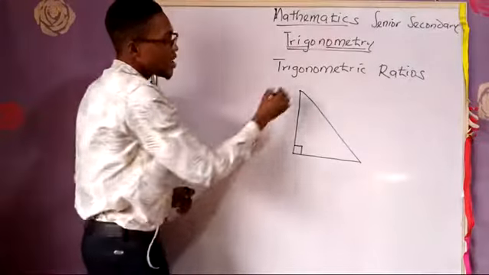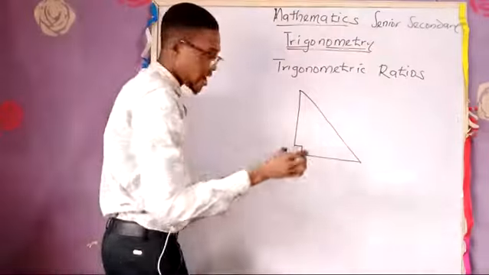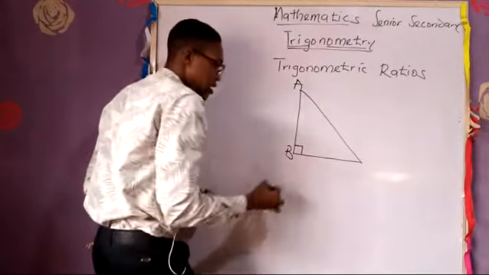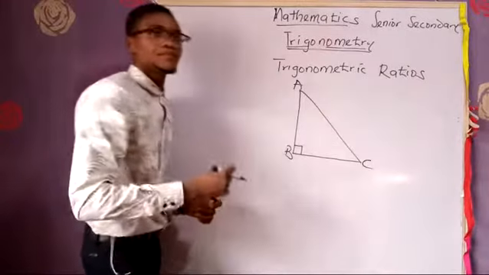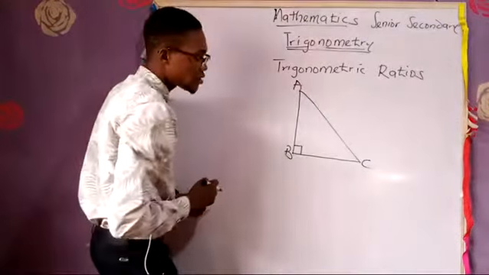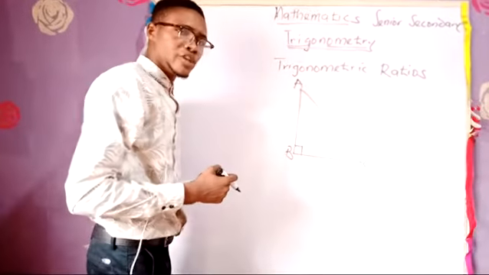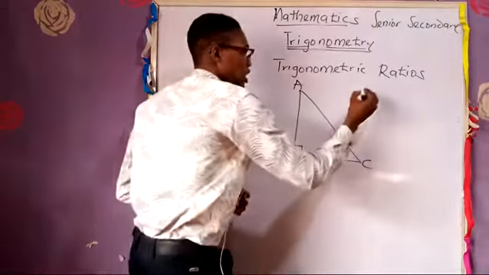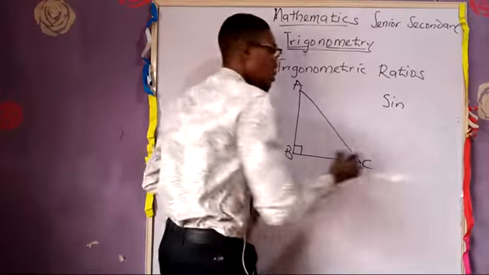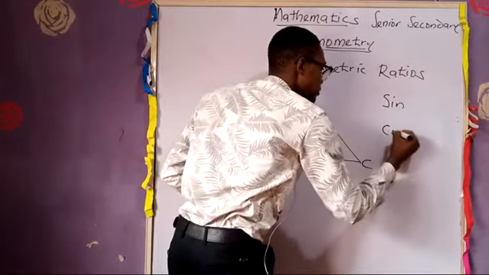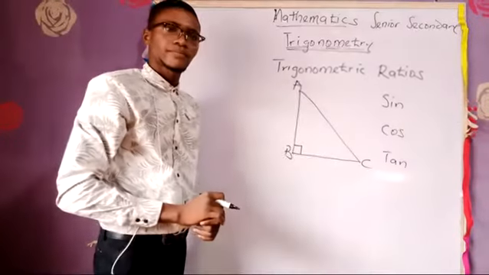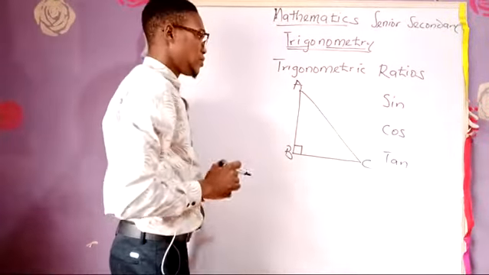Okay, from there, in this triangle, let me name it A, B, and C. From here, in your junior secondary school, you will have been taught sine, cosine, and tangent. Let's move.